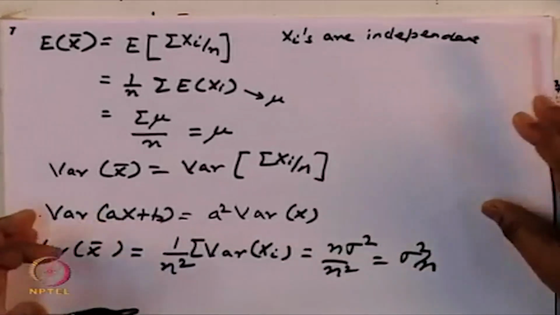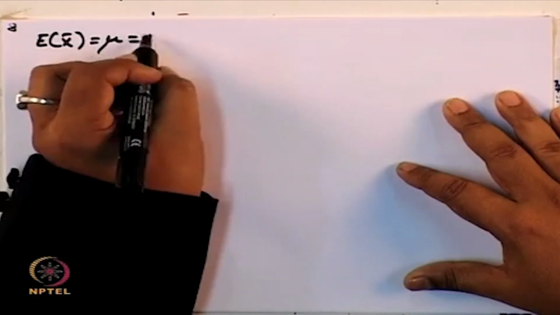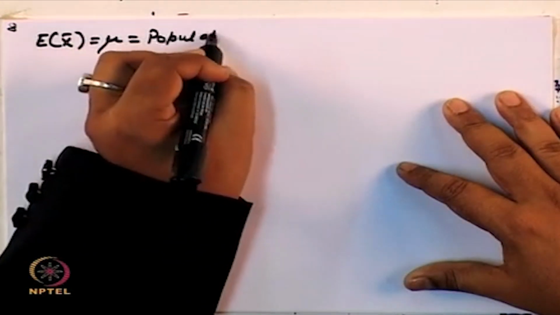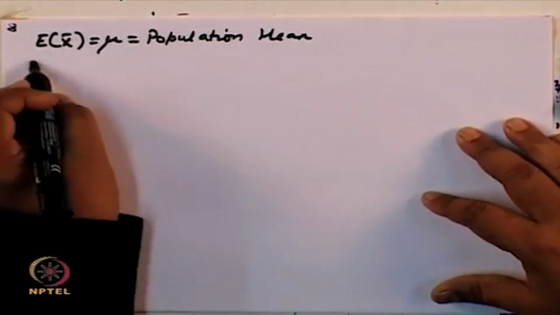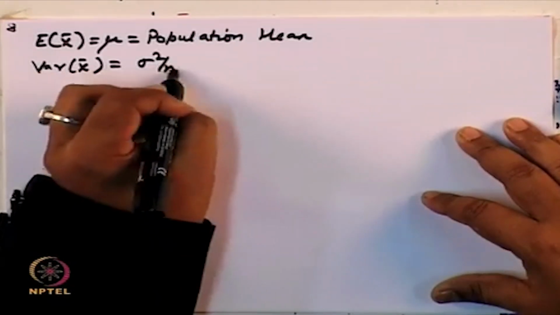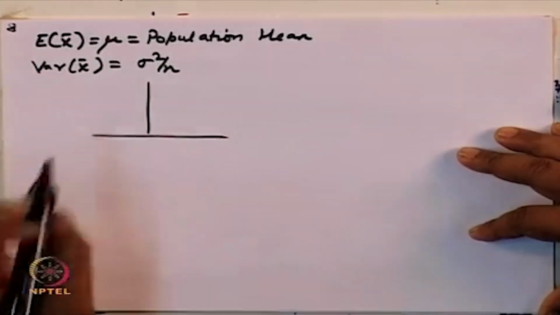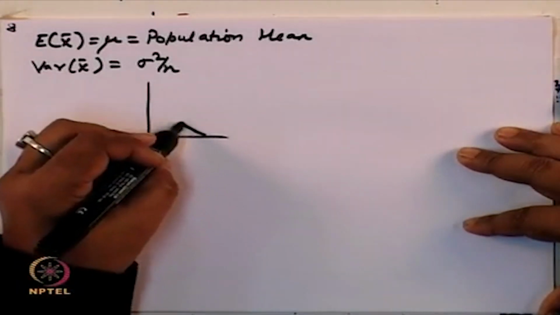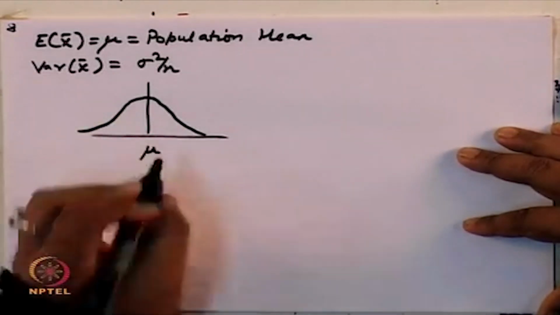What this tells you is that the expectation of x bar is equal to mu, which is the same as the population mean, and the variance of x bar is equal to sigma square by n. In other words, for a given distribution, let us say this is my mu value.